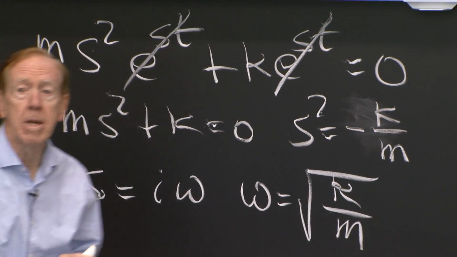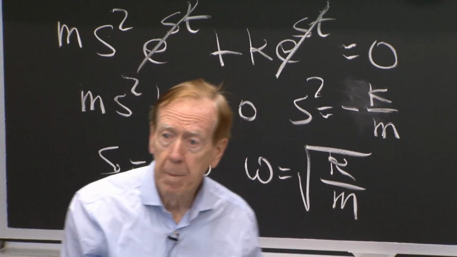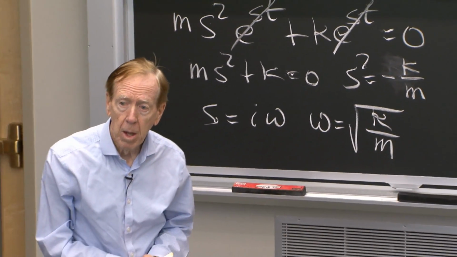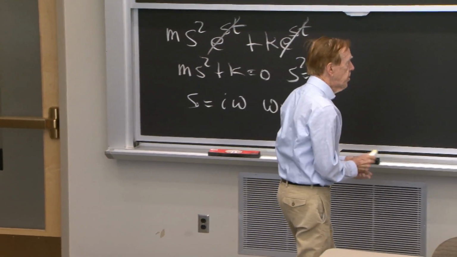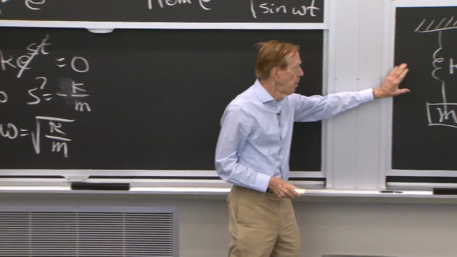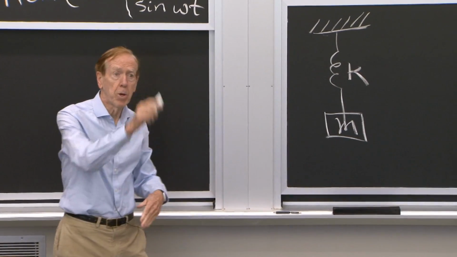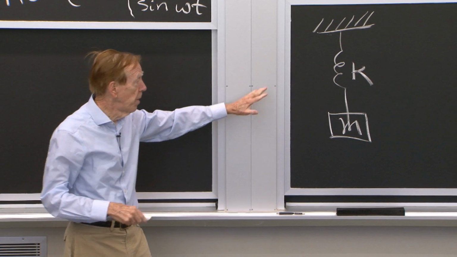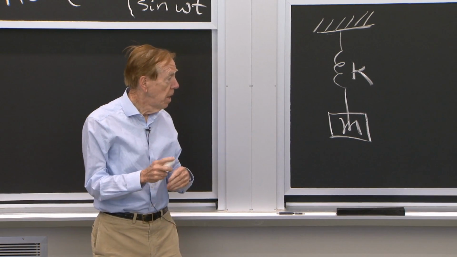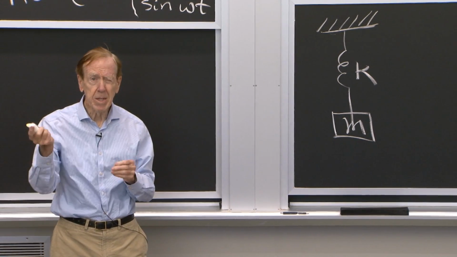Yes? What significance does having imaginary parts to the answer have on the oscillation? Okay, so oscillation, just pure oscillation, which is what we would see here with no damping.